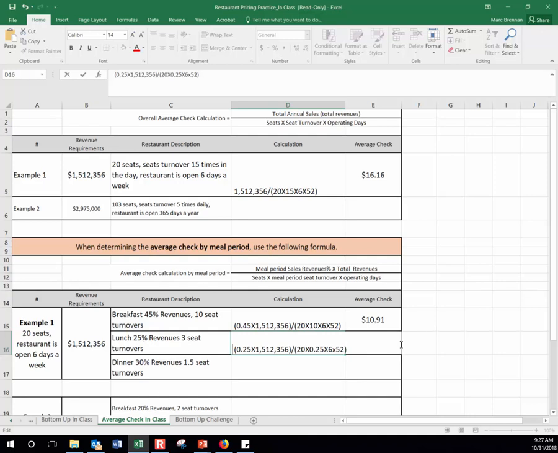So now we can do the math using Excel, 0.25 multiplied by our required revenue divided by how many seats we have times, and I shouldn't have put 0.25, my apologies, it should be 3 times a day turnover times 6 times 52.